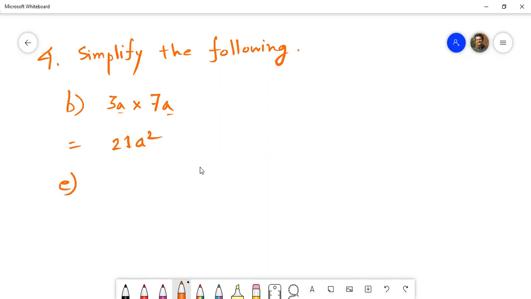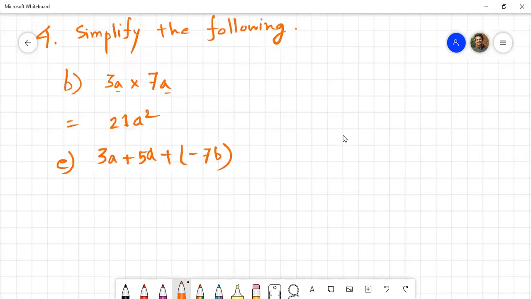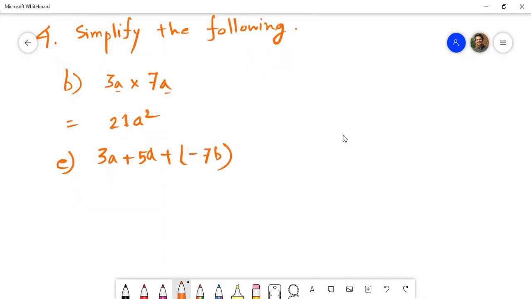And after that, let me write the question again. Number E, which is 3a plus 5a, then plus negative 7b. Okay, I haven't told you about the basics. If you see something like 3a plus 6, this sentence has only one variable.